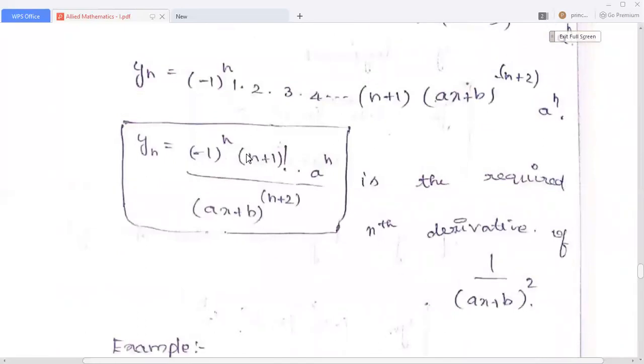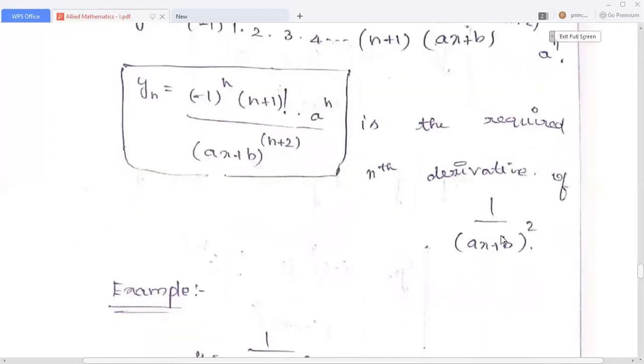Now this can be simplified. Here yn equal to -1 power n into (n plus 1) factorial into a power n, whole divided by (ax plus b) power (n plus 2), which is the required nth derivative of 1 by (ax plus b) whole square. So hereafter this can be used as a formula for finding the nth derivative of 1 by (ax plus b) whole square.